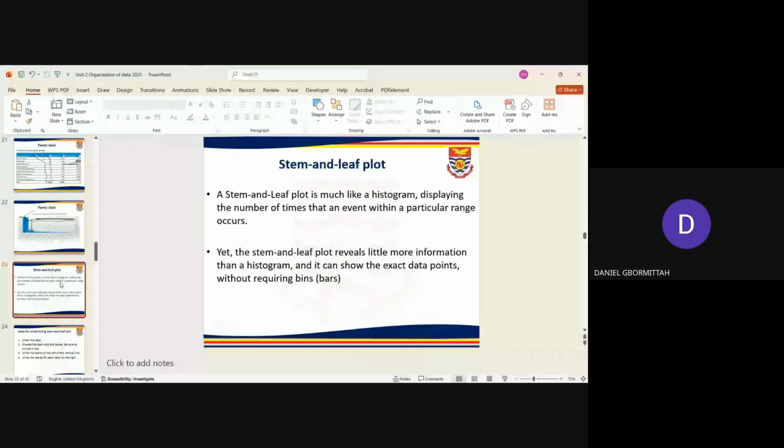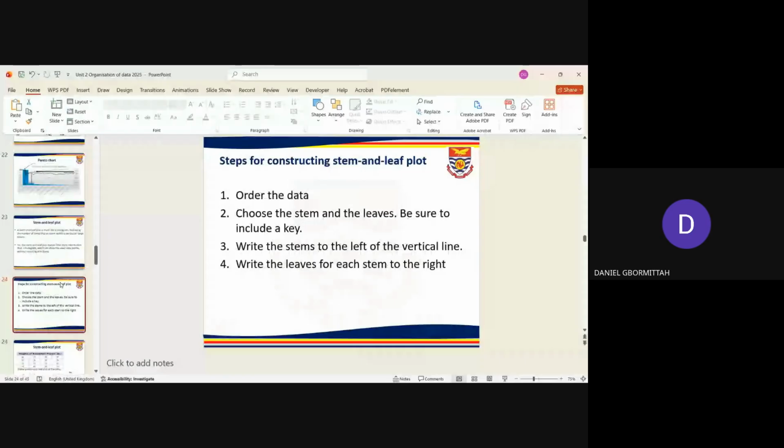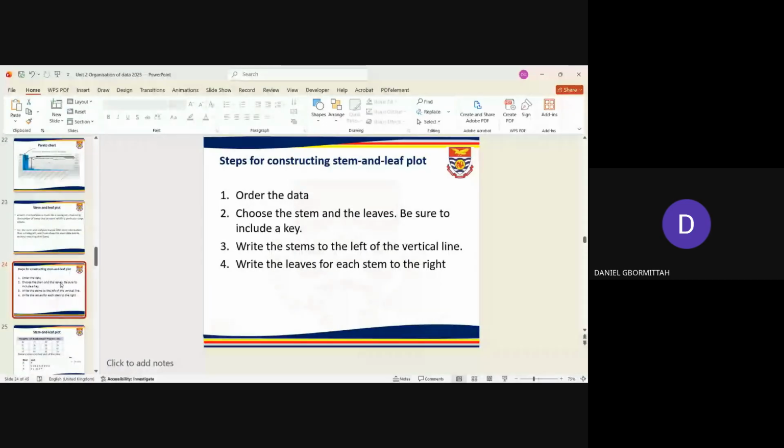Now we come to the stem and leaf plot. For this one, you have been doing it, so you can do it easily. The first thing you have to do is to order the data, choose the stem and the leaves. Be sure to include a key. The key would interpret the stem and how the leaves will be obtained. Then you write the stems to the left of the vertical line, and you write the leaves for each of them to the right.